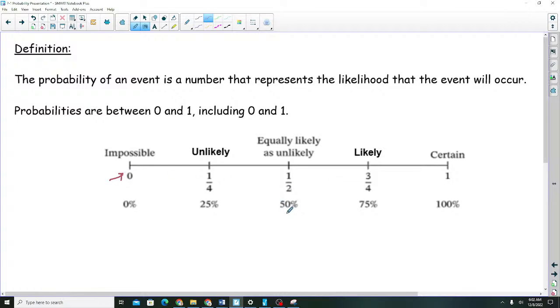The only things that are equally as likely as not are things that are at 50% probability. The only things that are certain are things that have a probability of 1. Everything else falls into either the likely category, between 50% and 100, or the unlikely category, between 0 and 50.